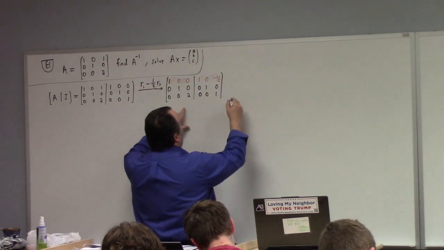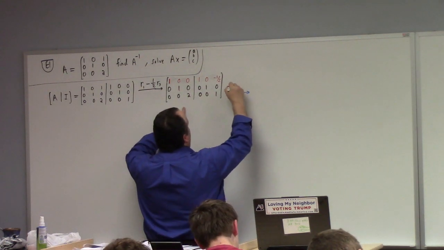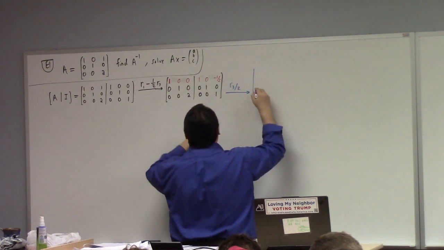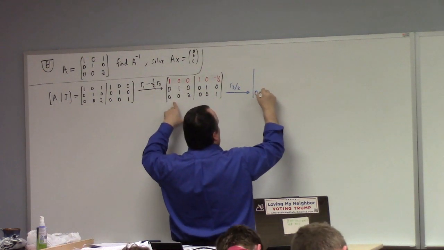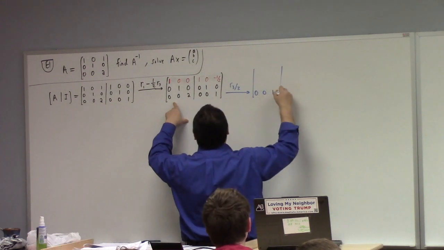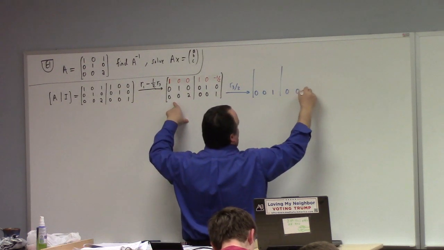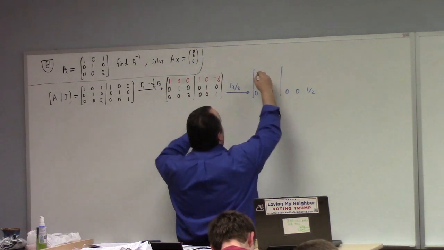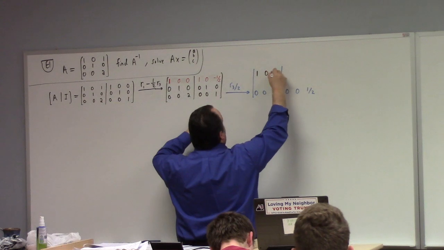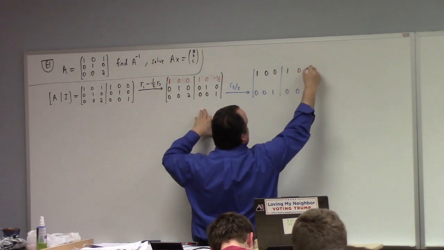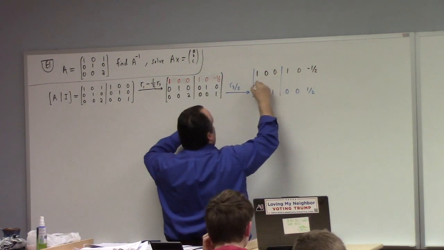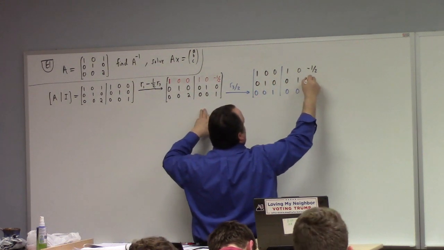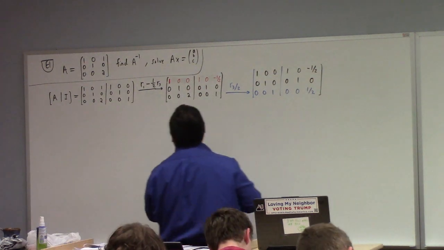Now, let me do what you told me, which is to do row 3 over 2, right? So that's just going to change the third row here. And we're still going to have our 1, 0, 0, 1, 0, minus 1/2, 0, 1, 0, 0, 1, 0, right?